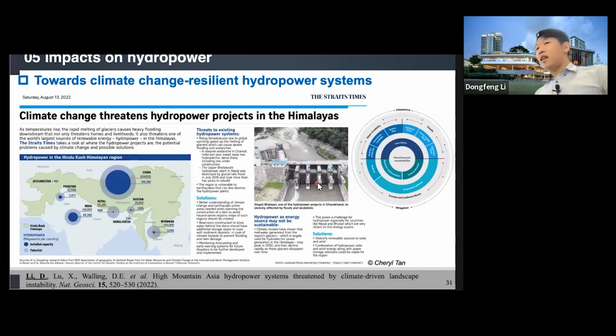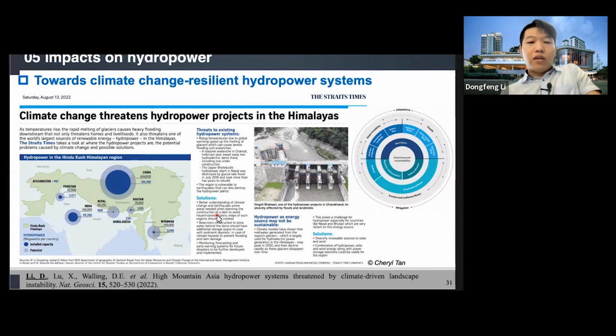So climate change is affecting the hydropower systems in high mountain Asia. The Straits Times reported our study, and I think they very nicely summarized the climate change relevant threats to the hydropower systems in the Himalaya, and also gave the solutions.